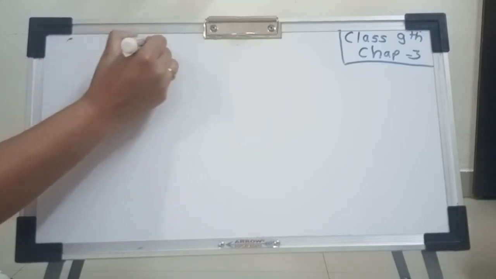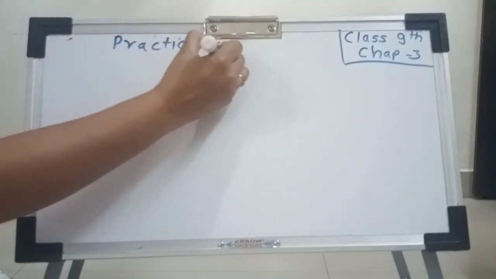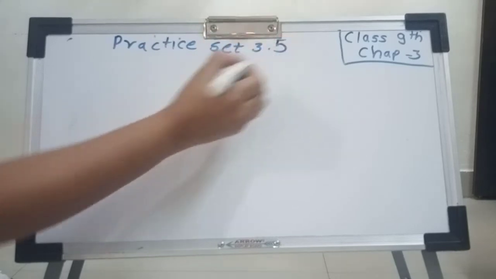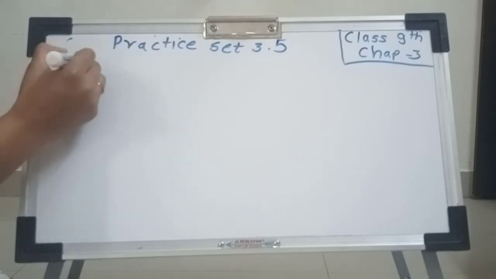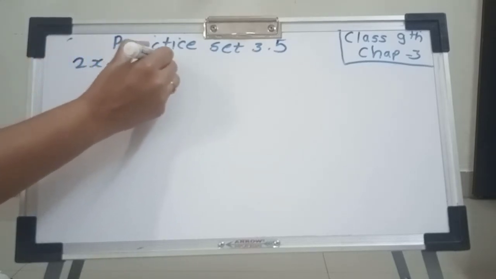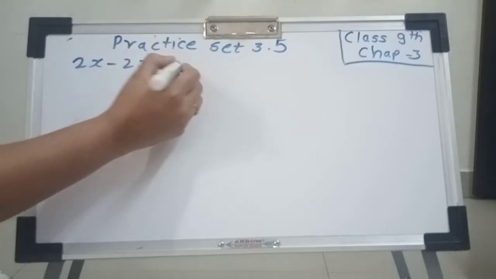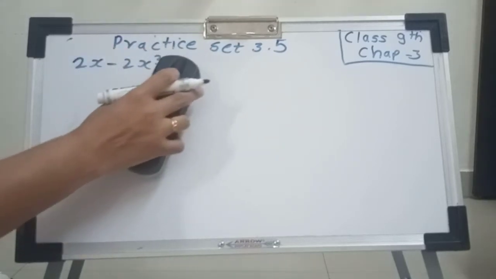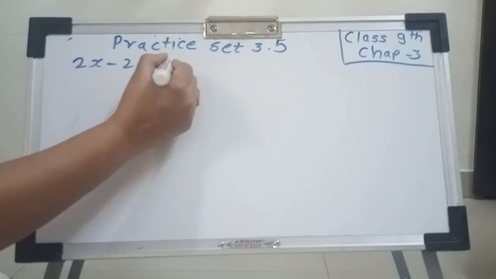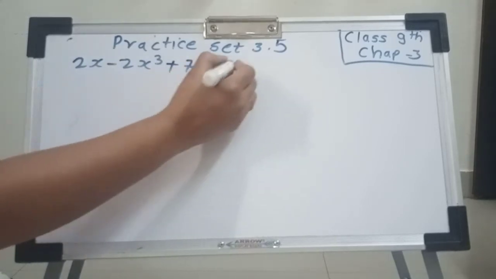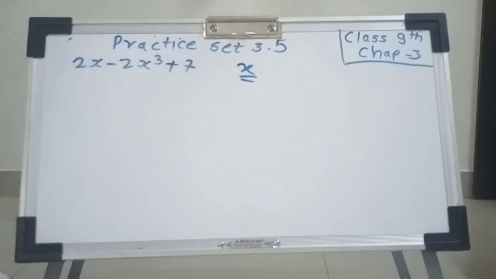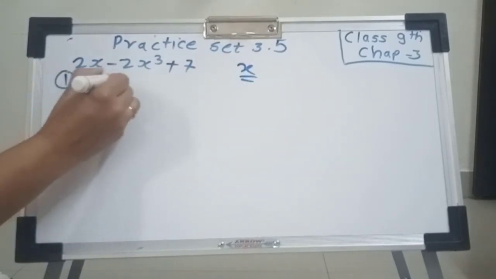Practice set 3.5. Question first: find the value of the polynomial. The given polynomial is 2x minus 2x cube plus 7, and we find its value when x is equal to 3.